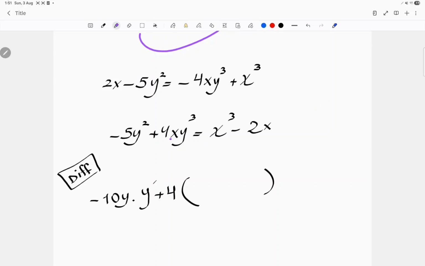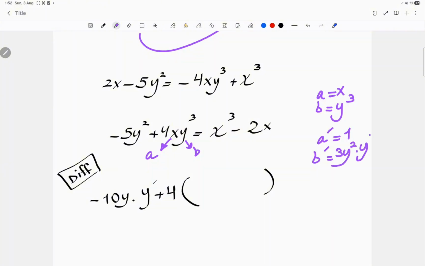So the a is the x and the b is the y cubed. What's a prime? 1. What's b prime? 3y squared times y prime.